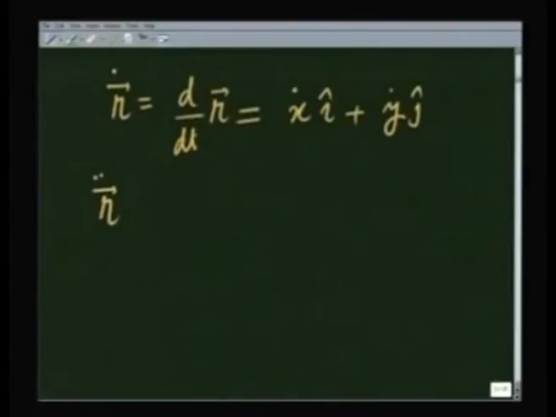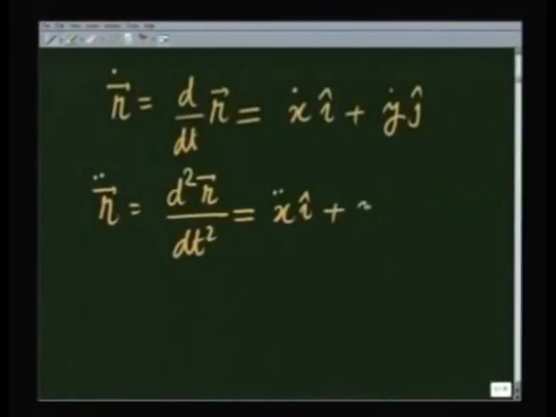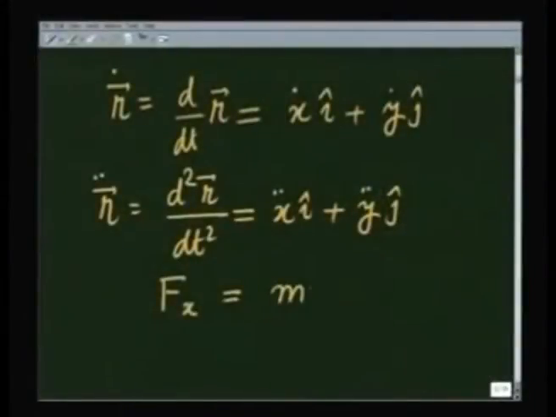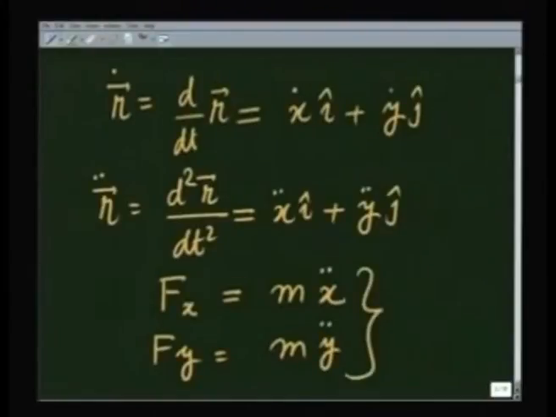Similarly, the acceleration r double dot is given as d2 r over dt square, which is equal to x double dot i plus y double dot j, and Newton's second law then takes the form that I equate the components along each direction with the respective forces, so that Fx becomes equal to m x double dot, Fy becomes equal to m y double dot, and I can integrate these two equations of motion to get how x and y change with time.